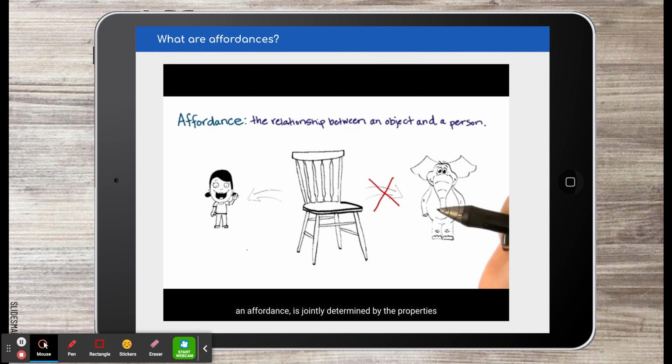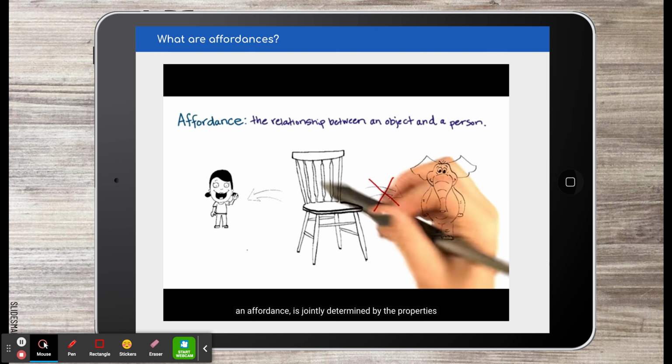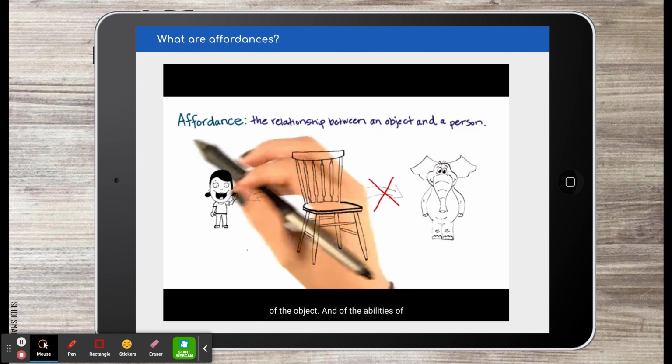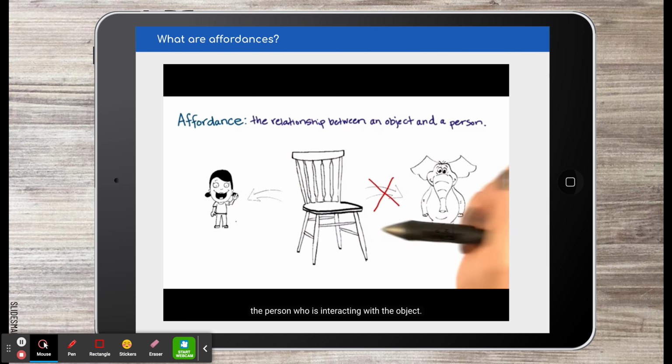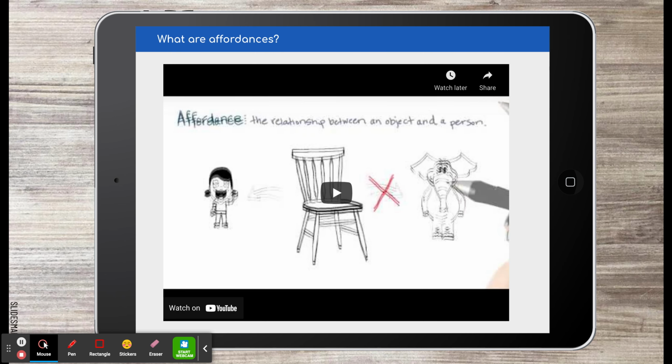She is afforded the opportunity to push the chair, whereas the elephant is not afforded the same opportunities. The elephant is not able to actually sit on the chair, and he may be able to push it, but he does not have the same affordance to sit on the chair as the little girl has.